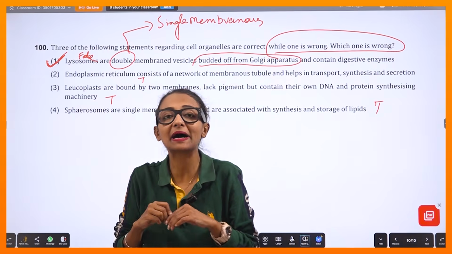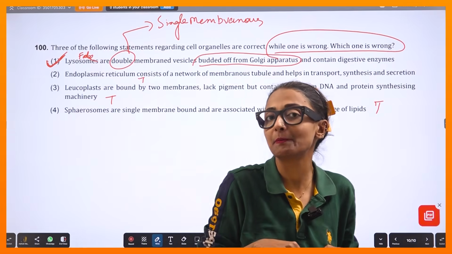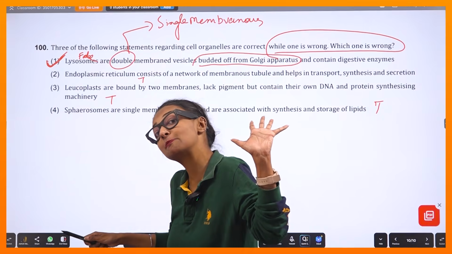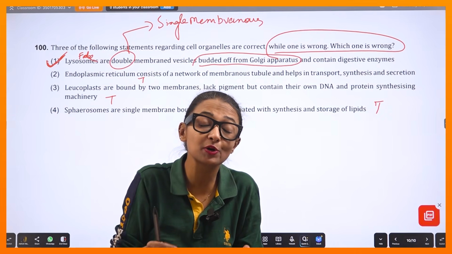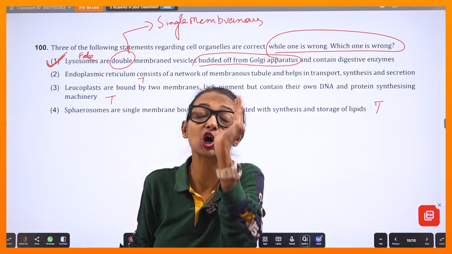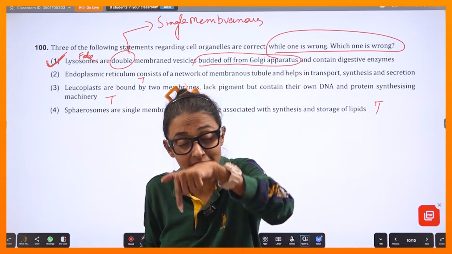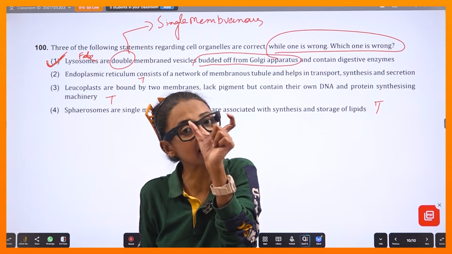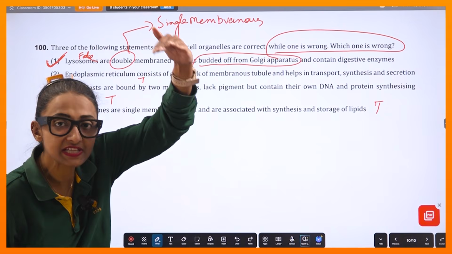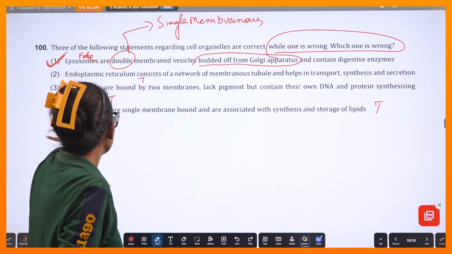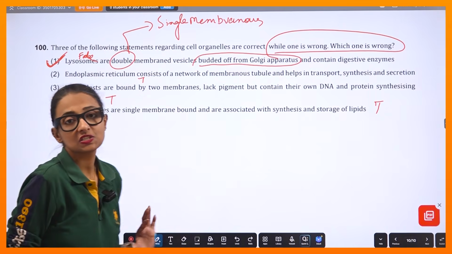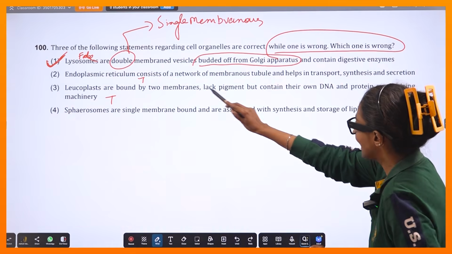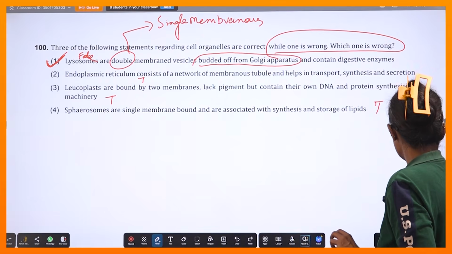Over there, they are talking about spherosomes and other cell organelles, right? So please pay attention to that. In the NCERT book, the last page of the cell chapter, the last line above the summary of the chapter contains information about spherosomes. So these are all true and that one is false. We have to identify the false statement.